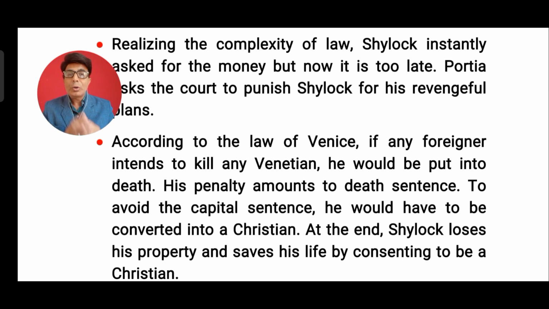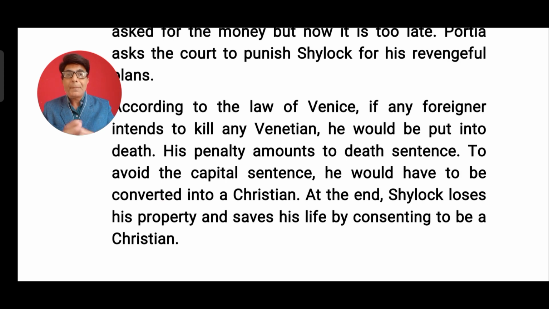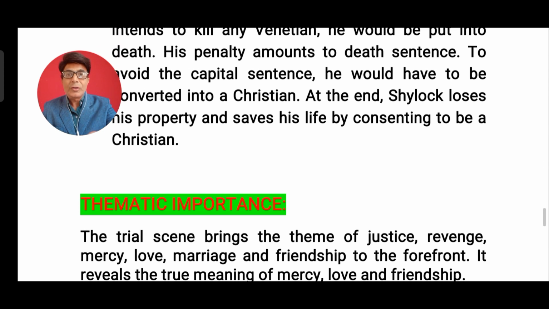Portia says that now you cannot get any money, instead you will get punishment. So according to the law of Venice, if any foreigner, meaning any person who is not a Christian, intends to kill any Christian person, he would be put to death. His penalty amounts to a death sentence. So to avoid the capital sentence, he would have to be converted into a Christian. So this was the law of Venice in those times.